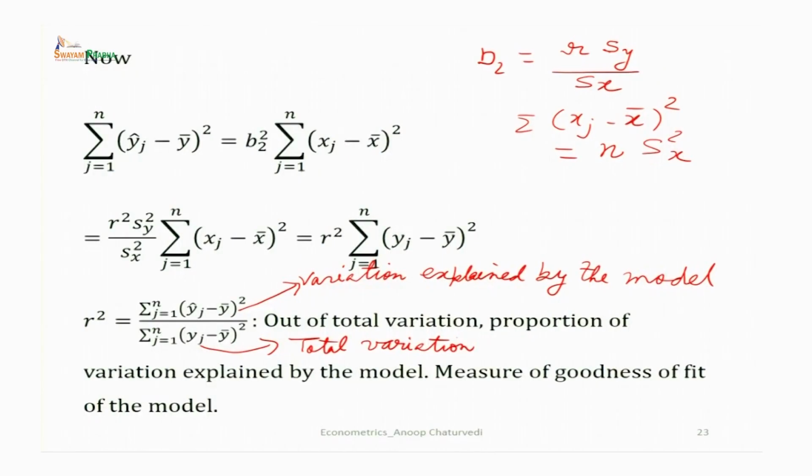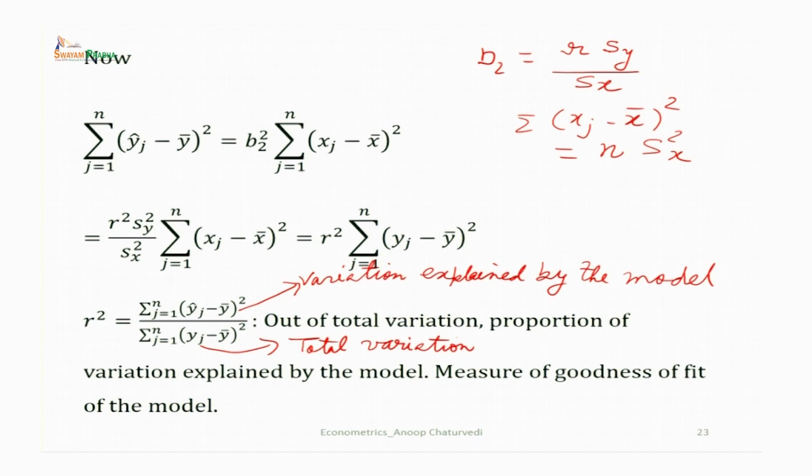In terms of regression, if r squared is equal to 1 or close to 1, then your regression is good in the sense that you are able to explain most of the total variation present in y_j on the basis of your regression.